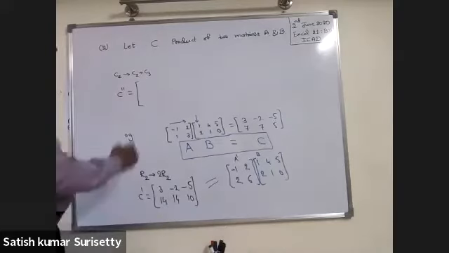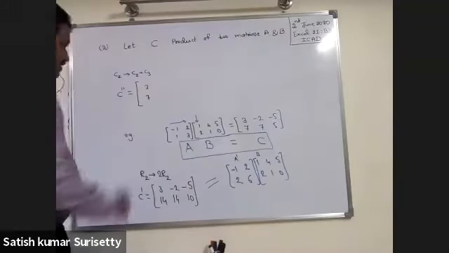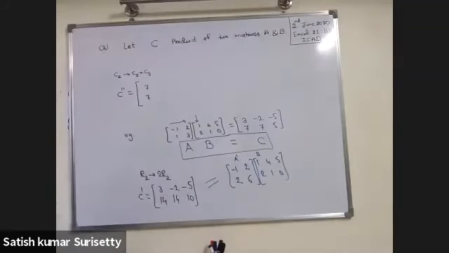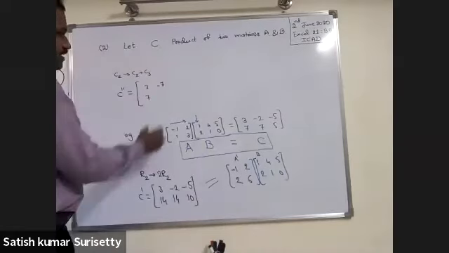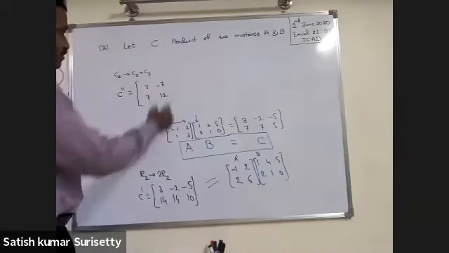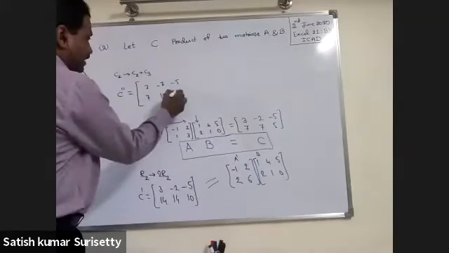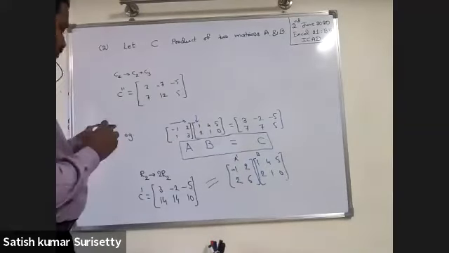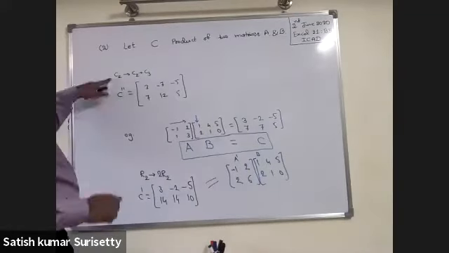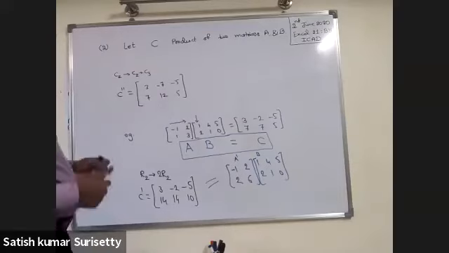The first column will be 3, 7. What about the second column? Minus 7, 12. And the third column remains the same, minus 5 and 5.